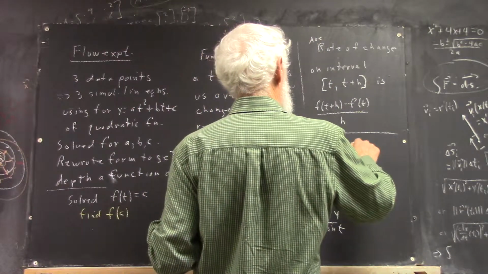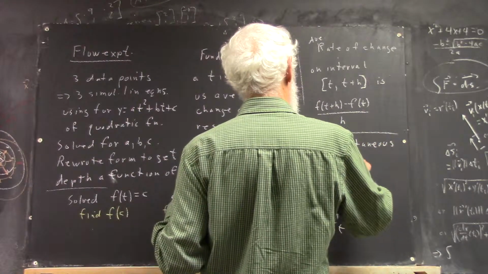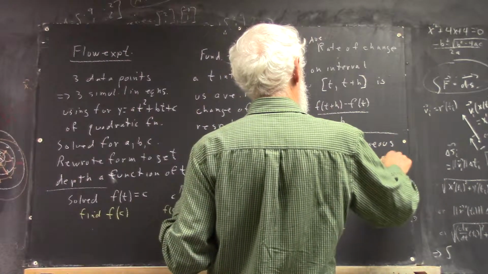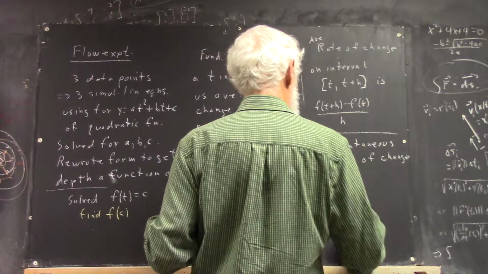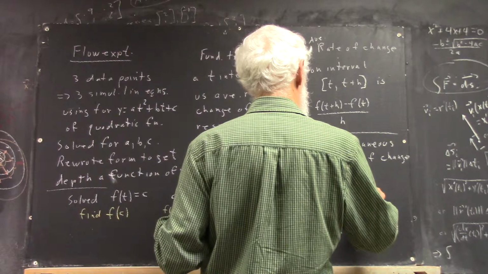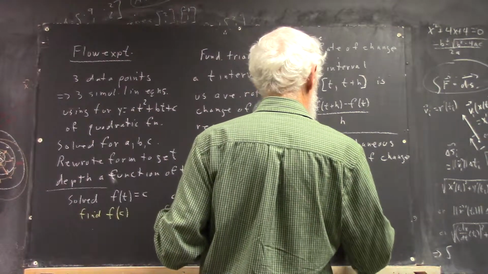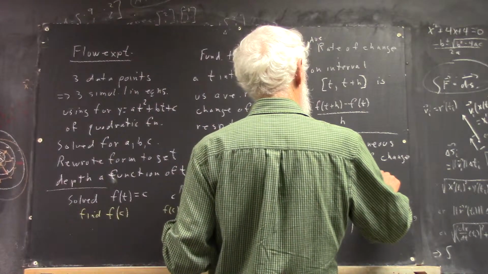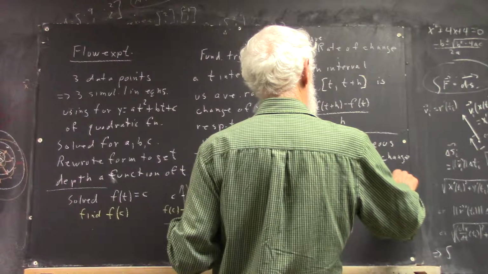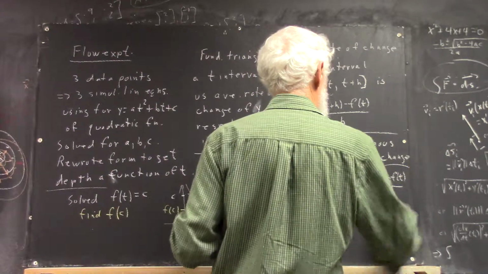Instantaneous rate of change is the limit as h goes to 0 of f of t plus h minus f of t over h.